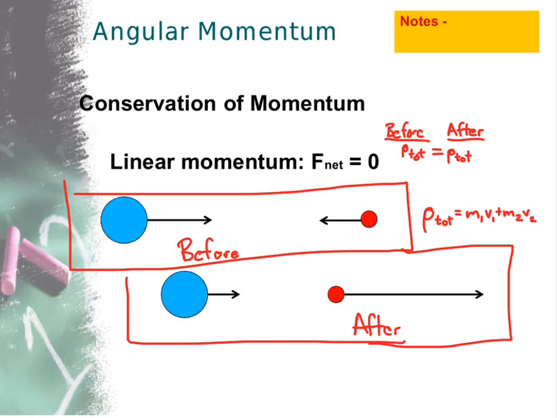There's nobody pushing this ball to the right. It's just rolling to the right with its velocity v. And we don't have anybody pushing on this ball one way or the other. So its net force is 0. So these things are just going along with their relative velocities, and then they collide together, and we noticed that the total momentum before has to equal the total momentum after.